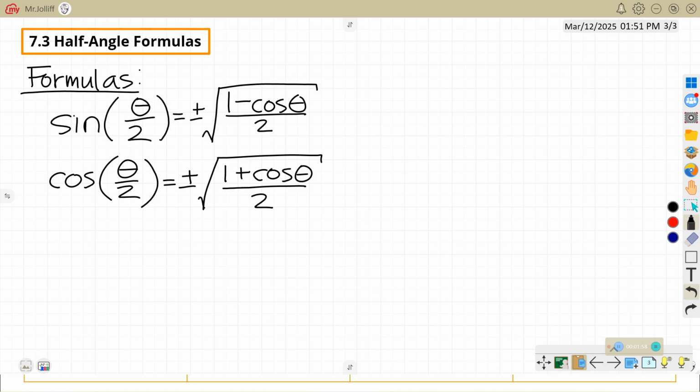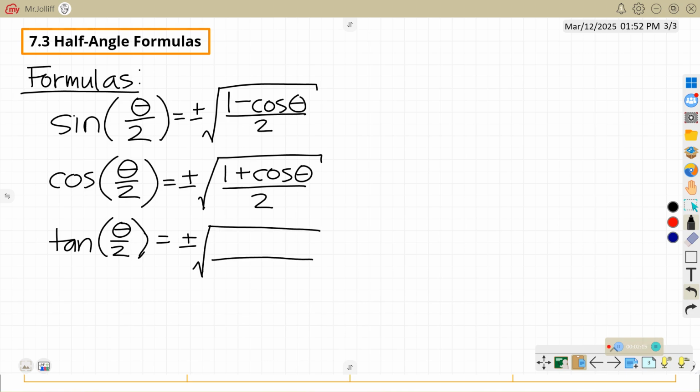We know that tangent is sine over cos. So I can predict that my formula for tangent is going to be plus or minus square root. And looking at sine and cosine, they have those same denominators. Those 2's are going to cancel, and I'm going to get 1 minus cos theta over 1 plus cos theta.